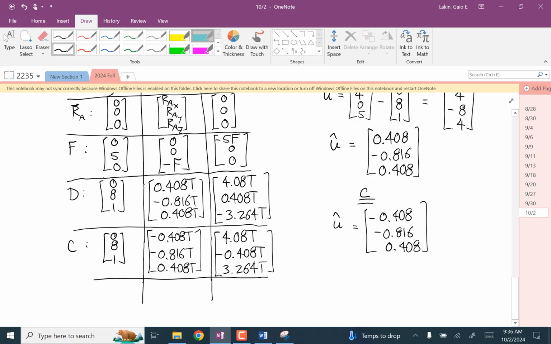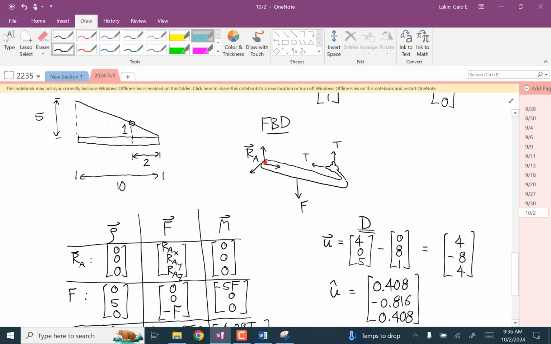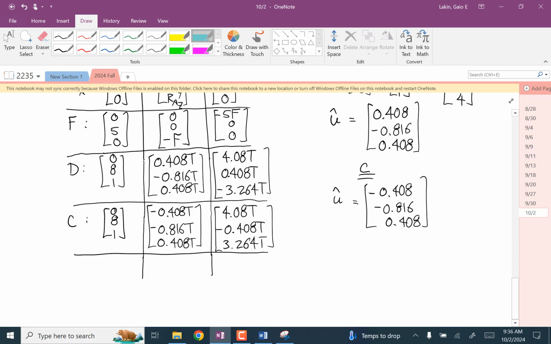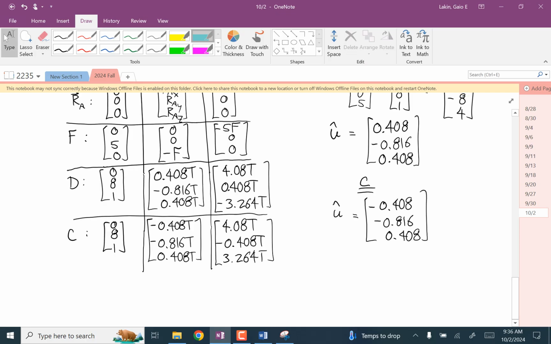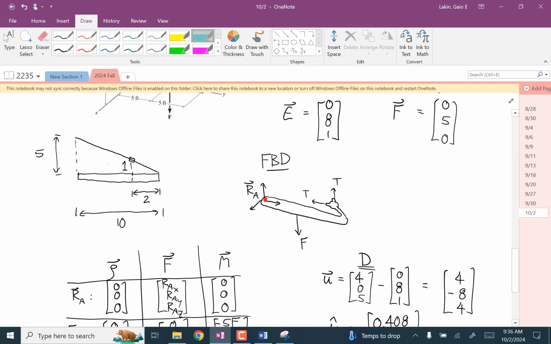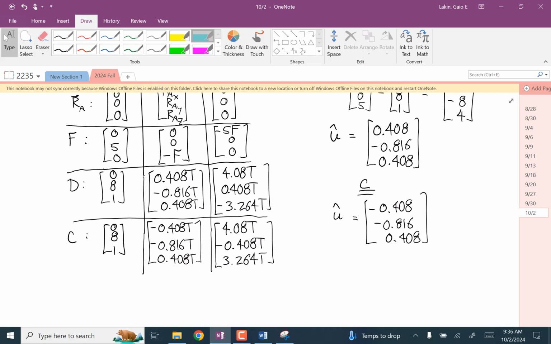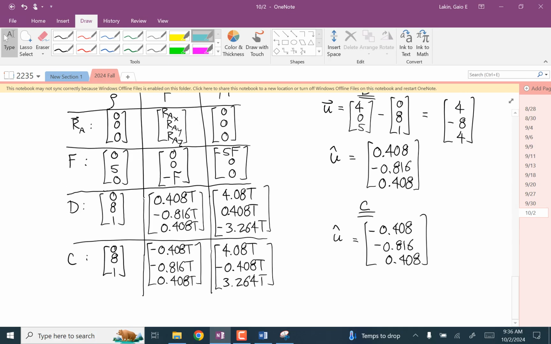And then the last one is that parameter force, that F. Oh no, we already did that. We're done. 1, 2, 3, 4, 1, 2, 3, 4. So yeah, we're done.